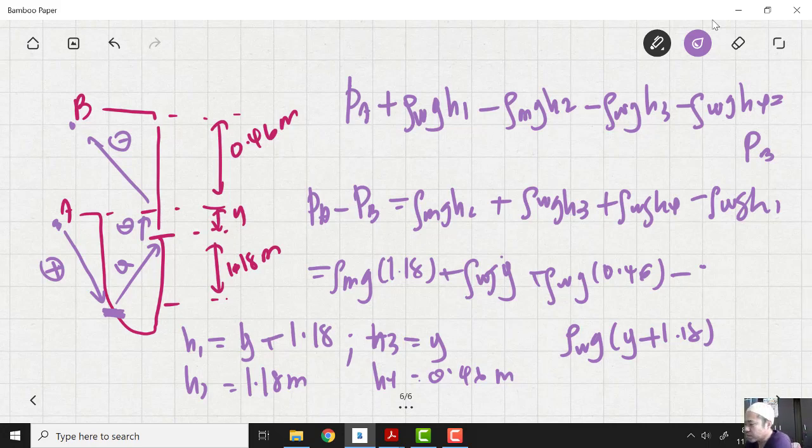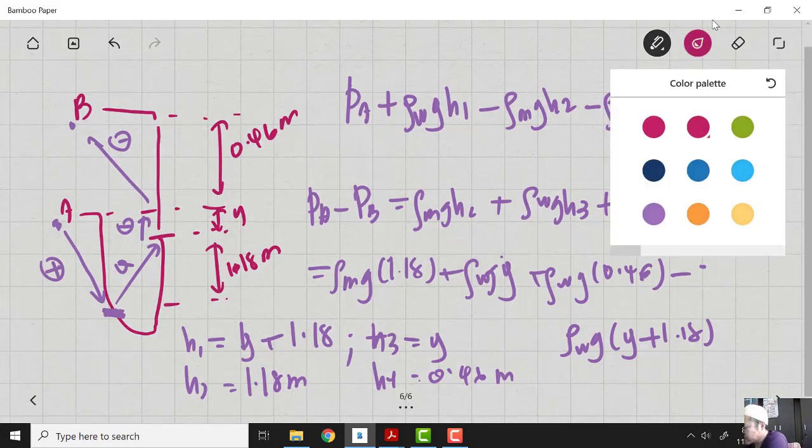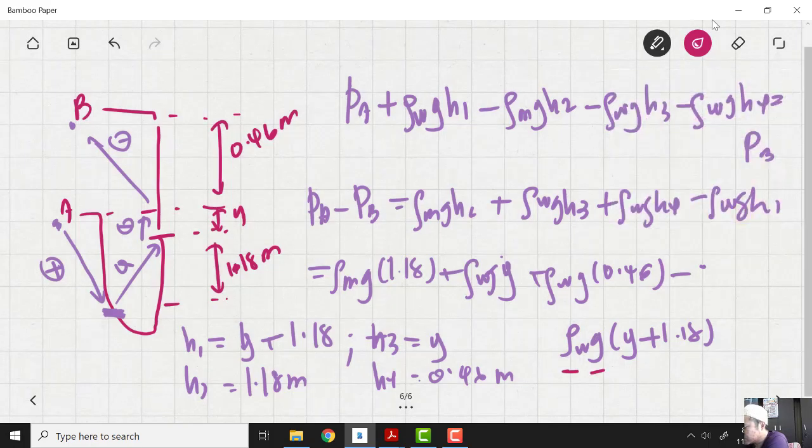Y is an unknown value, but since we have ρ_water g y, and also here ρ_water g y, this is plus and this is minus, so we can cancel out the value.